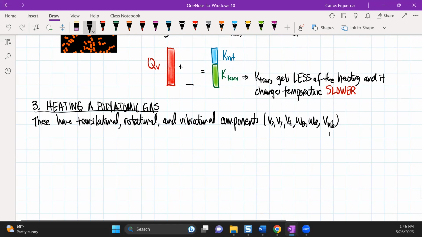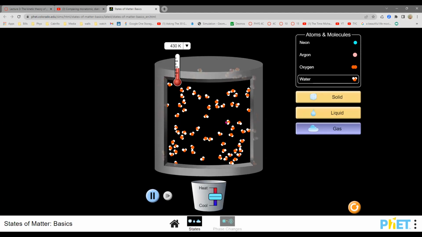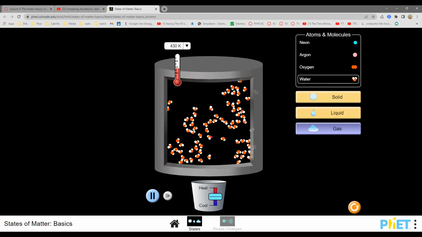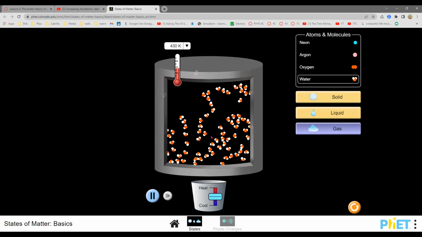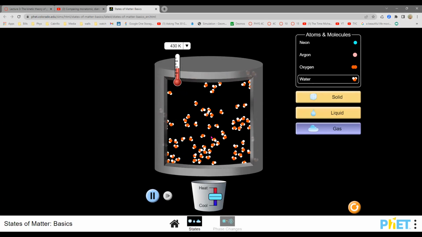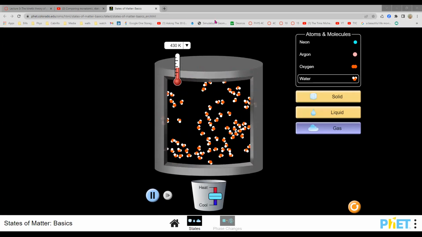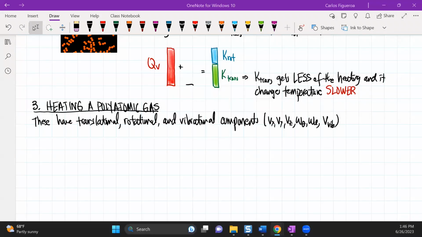So again, if we go back to the applet, just to make sure that you're seeing this, I could now go in and talk about water. Look at the water. Here, you don't see the vibrations, and it turns out it's because the heat's not high enough, but they're there if you heat it sufficiently. So now, taking this guy, I'm going to go back to my screen, and let me get the image here.